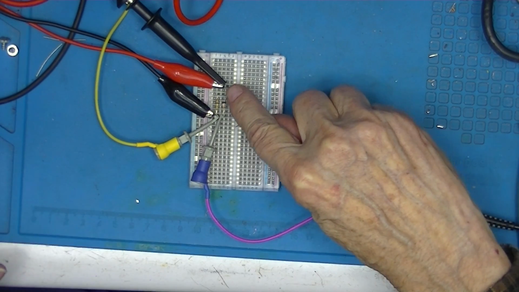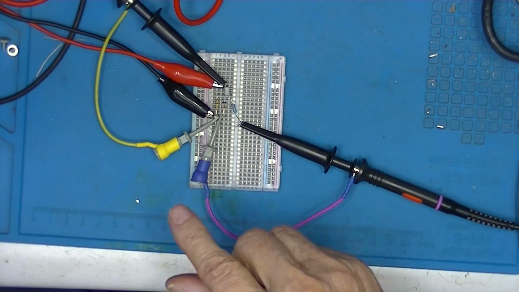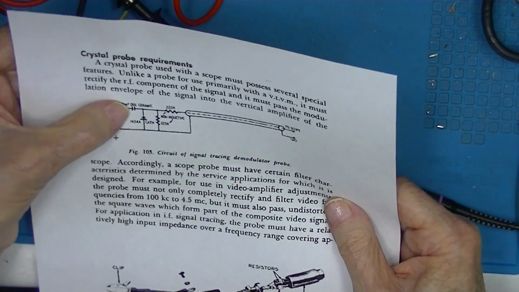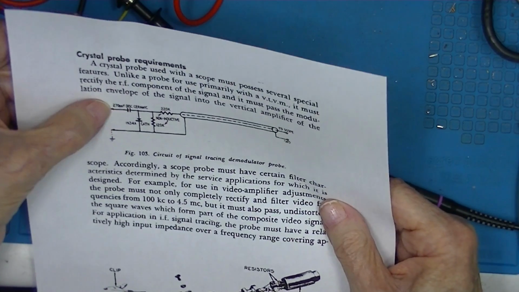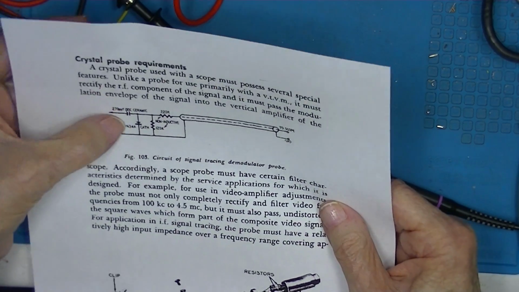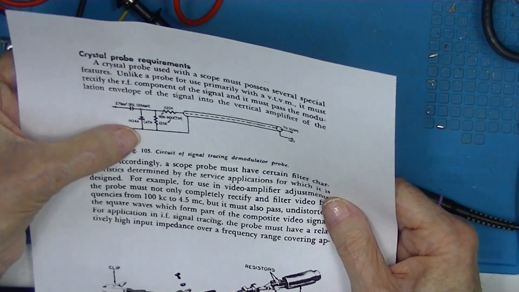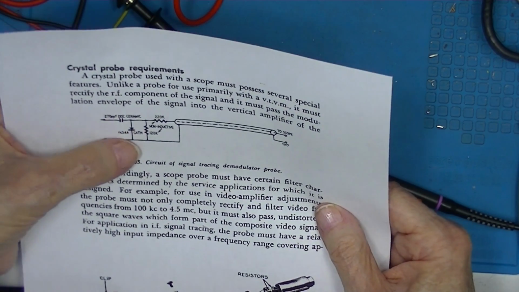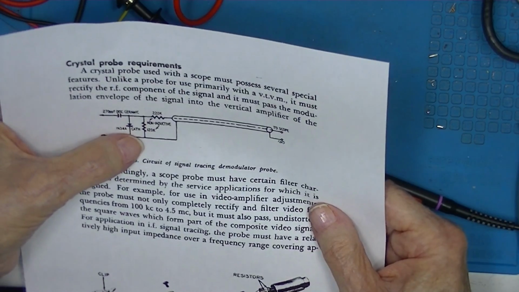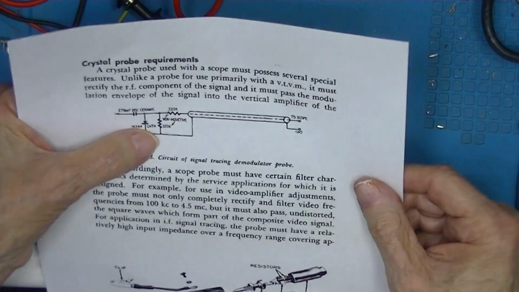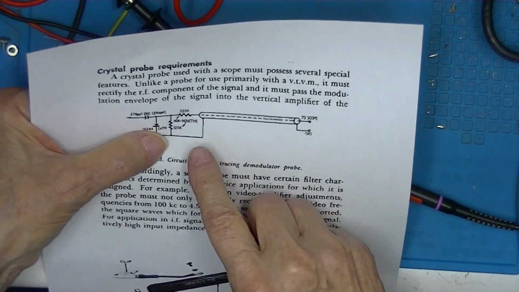There's an input capacitor here. That's this. That's to prevent any DC that might be applied here from reaching the crystal or reaching the diode. This article was written a number of years ago, and it can be found in the subdirectory. And a couple of resistors.